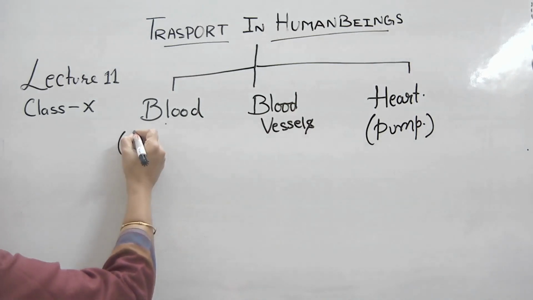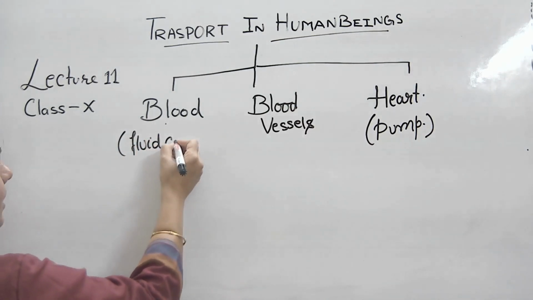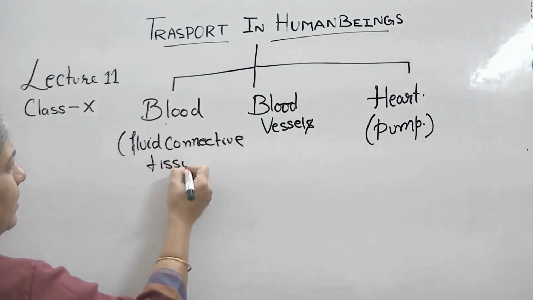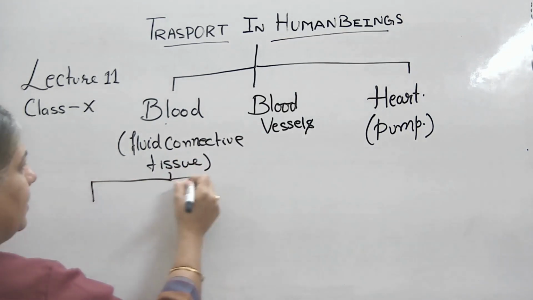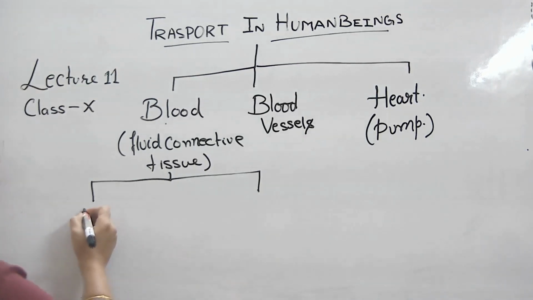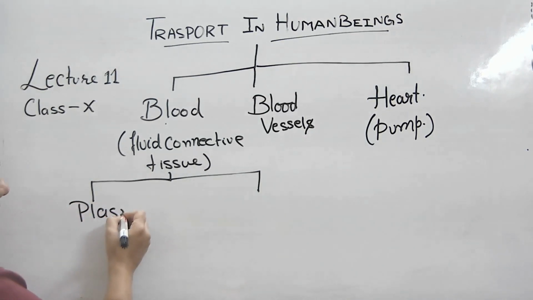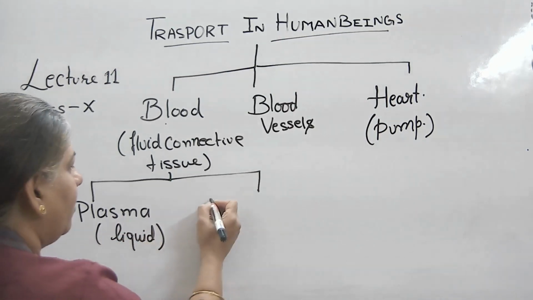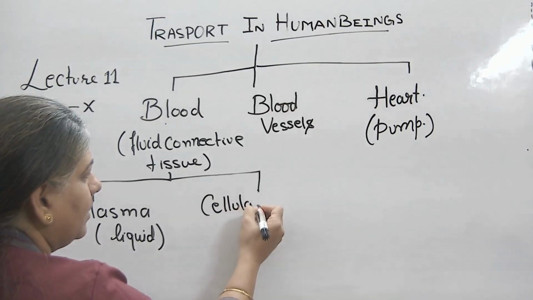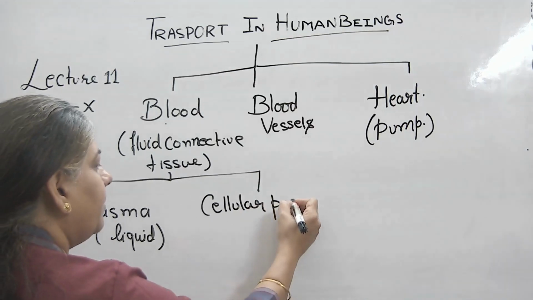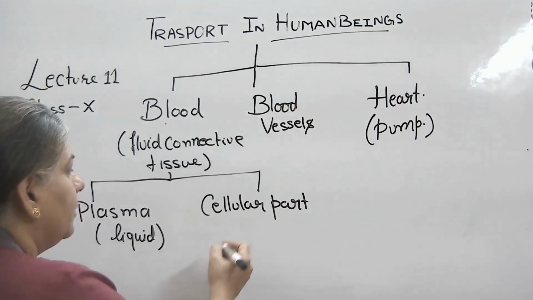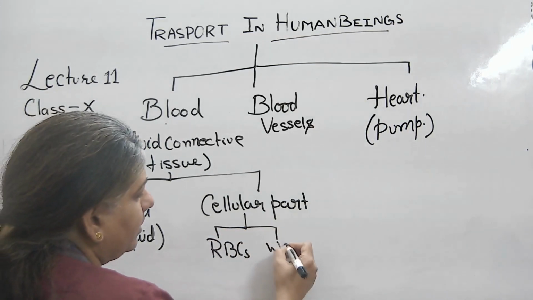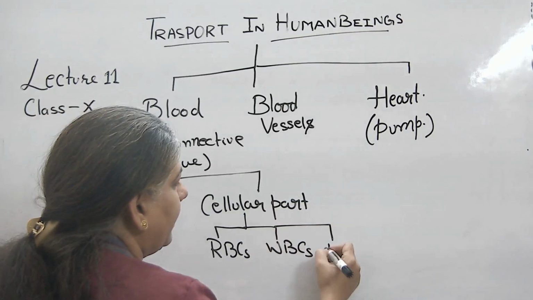Then it is a fluid connective tissue made up of two major components, that is the liquid part, which is called plasma, and the cellular part, which basically comprises of blood cells, which are RBCs, WBCs and platelets.